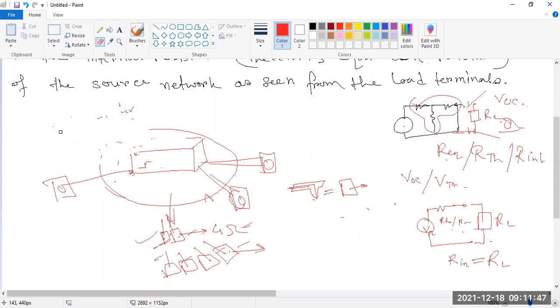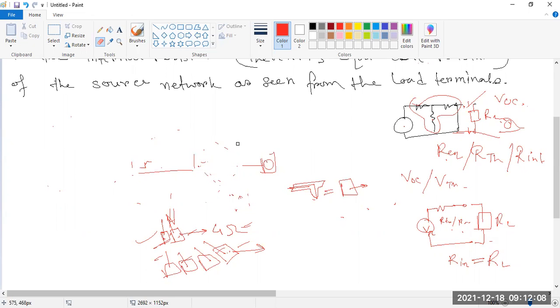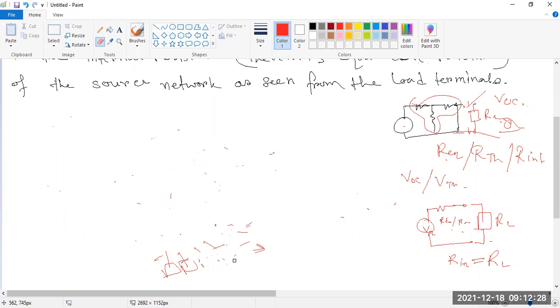Generally for a home theater, or an auditorium in your college, or a function area where festivals are going on, the manual specifies some load. You have to set this load so that it gives the full sound. Otherwise you can't get the full sound from the speaker. This is the maximum power transfer theorem application.